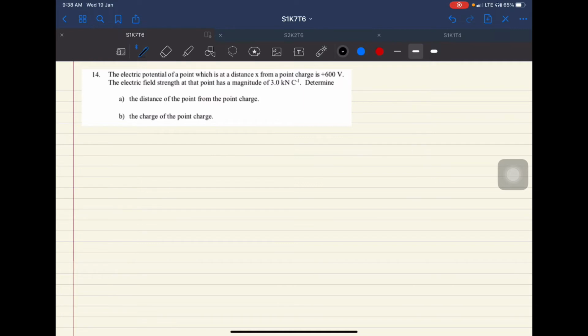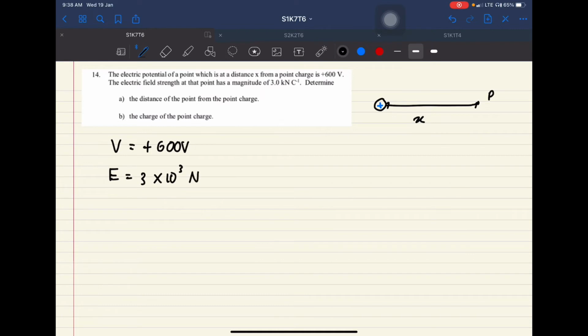So at a certain point, let's say point P, and this is the charge, the distance is x, and then you have values for V and E. V is positive 600 volt, so immediately you know that this is a positive charge, and E is equal to 3 times 10 to the power of 3 Newton per coulomb.